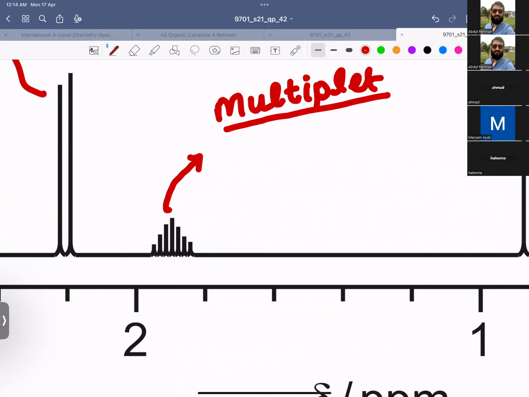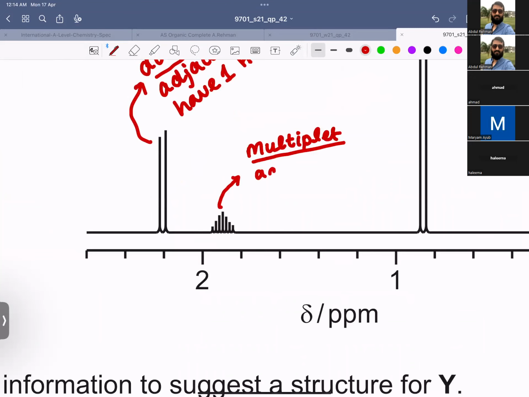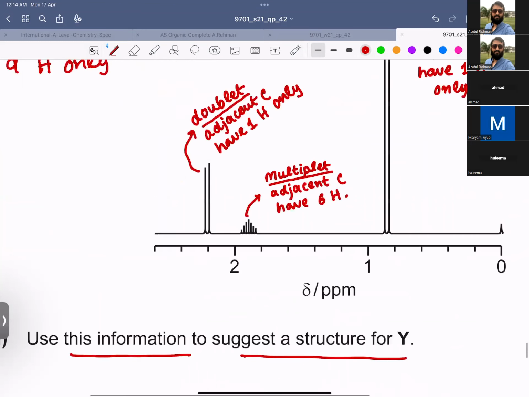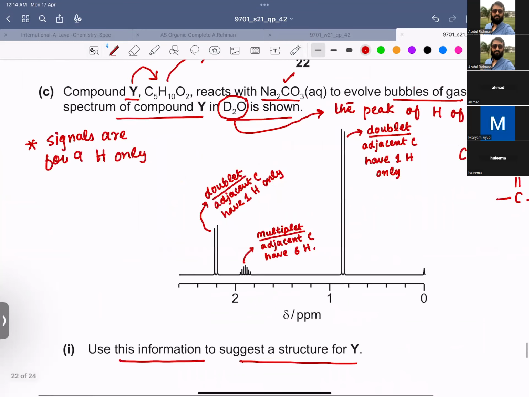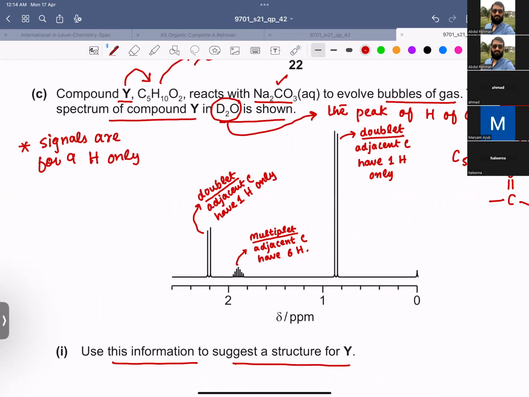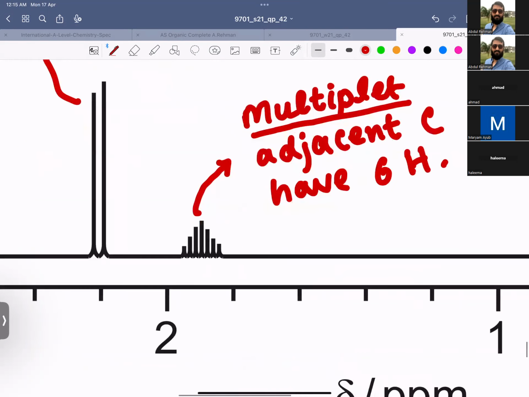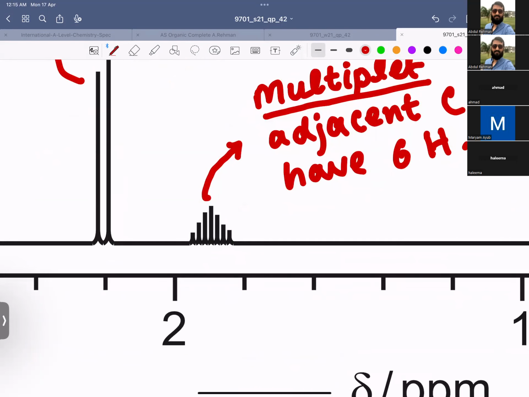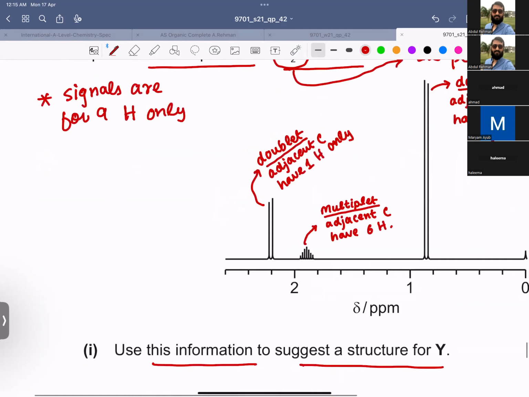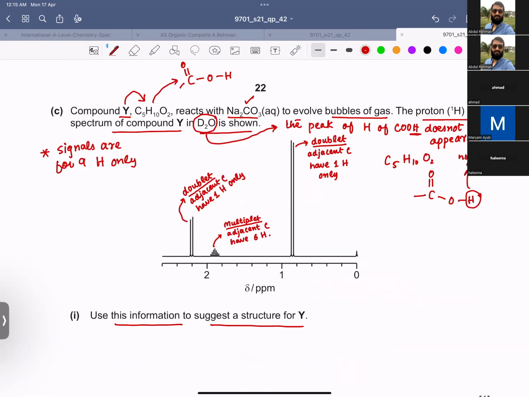There are 7 peaks, which means that the adjacent carbon has 6 protons. Is this clear? Yes, sir.